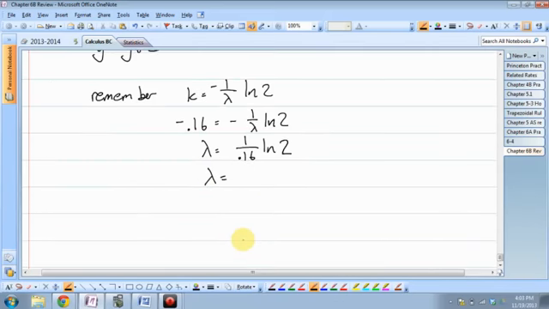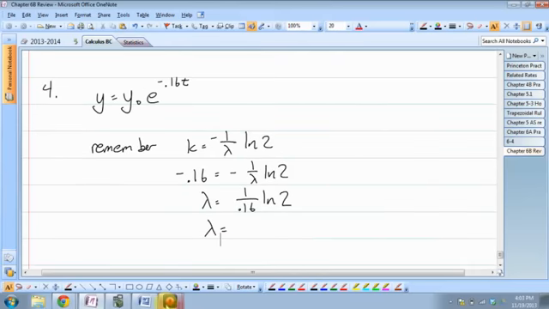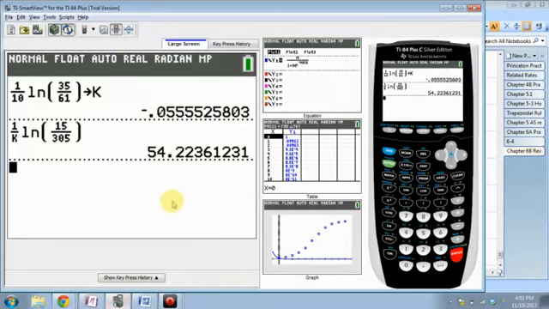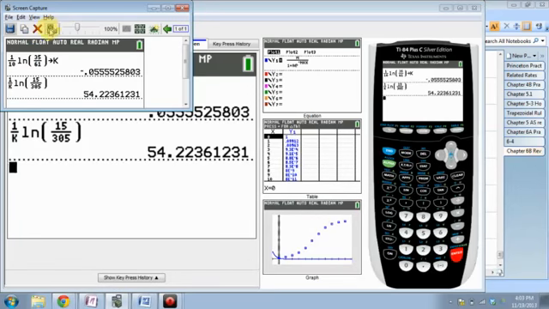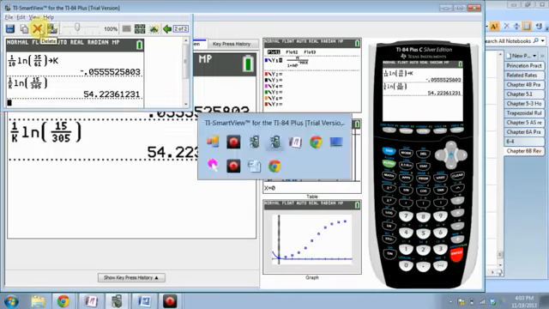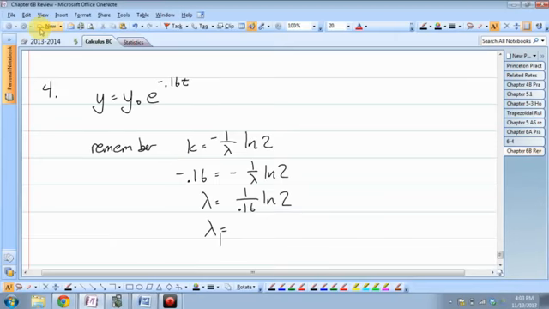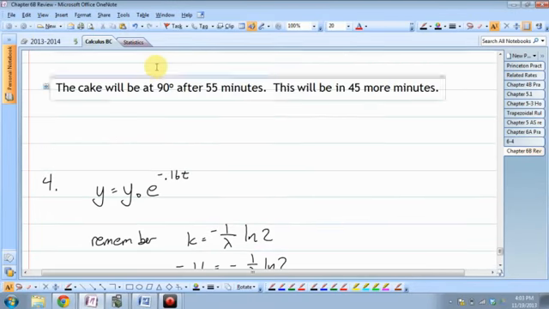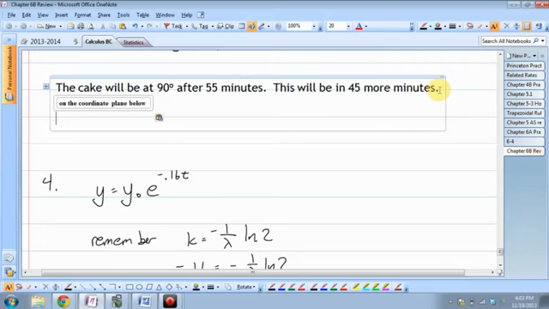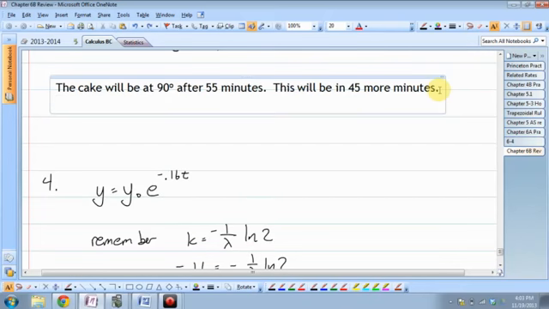Let's calculate that. Oh, you know what I was going to do? I was going to screenshot. It's part of my plan here. Start taking screenshots. That's funny.